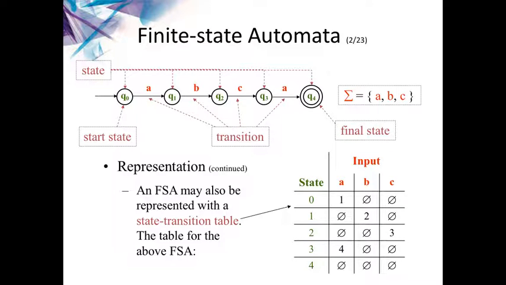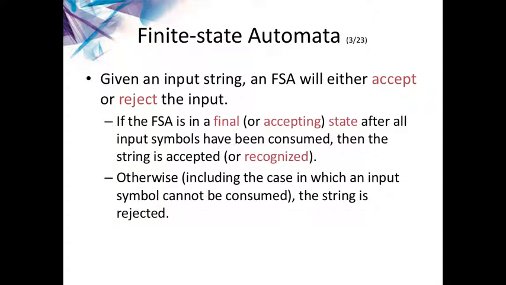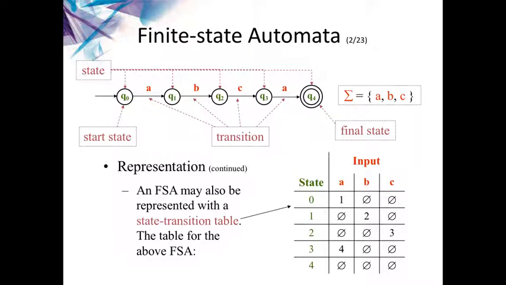You can have an enhanced design for this one. And instead of going to phi, if the only token that is expected when you are in Q0 is A, then when you get B or C, you should be going to a reject state. When the string finally lands in an acceptance state, we say that this string has been recognized by the finite state automata.